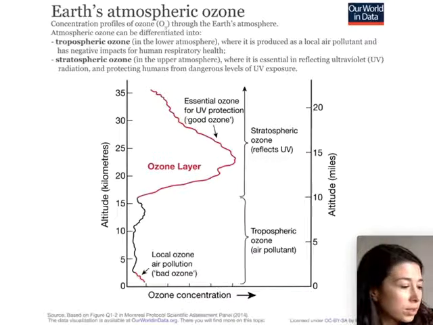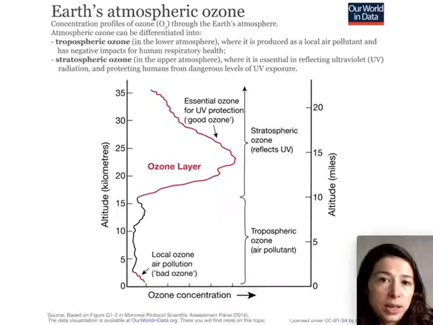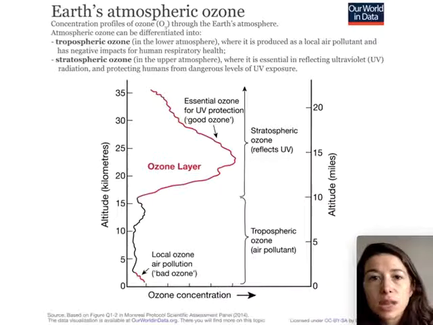That would be considered ozone pollution, and you can see that it's at a very different layer than the ozone layer that we are going to be discussing now, that we consider to be beneficial to us.